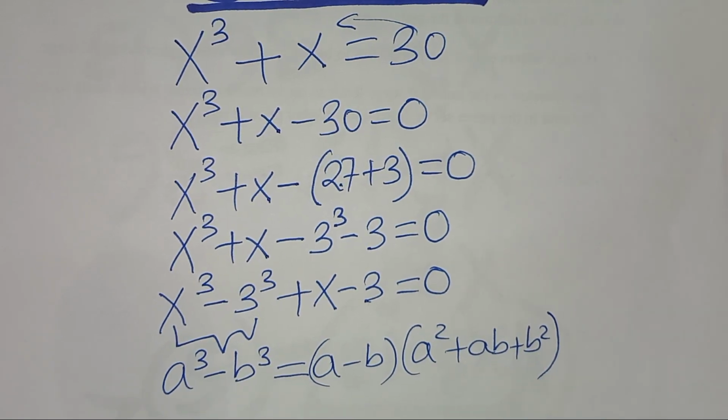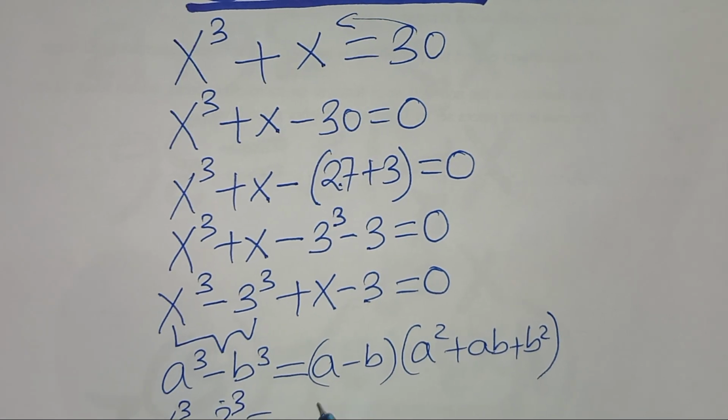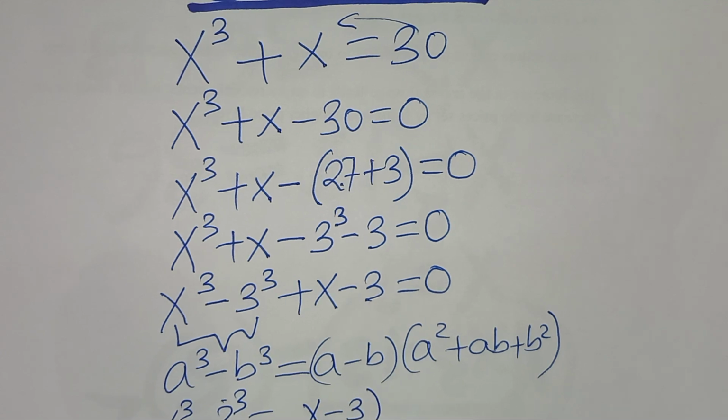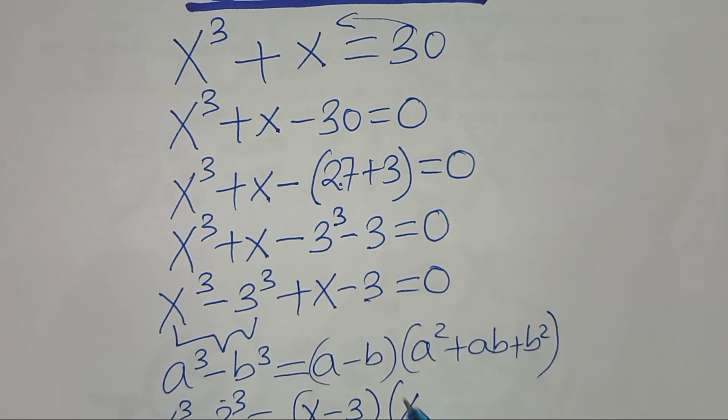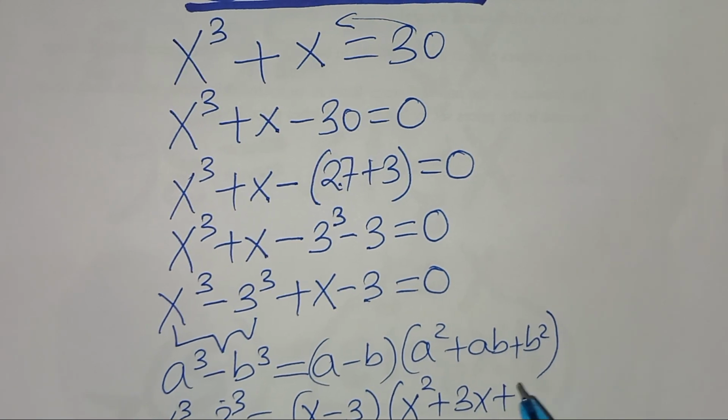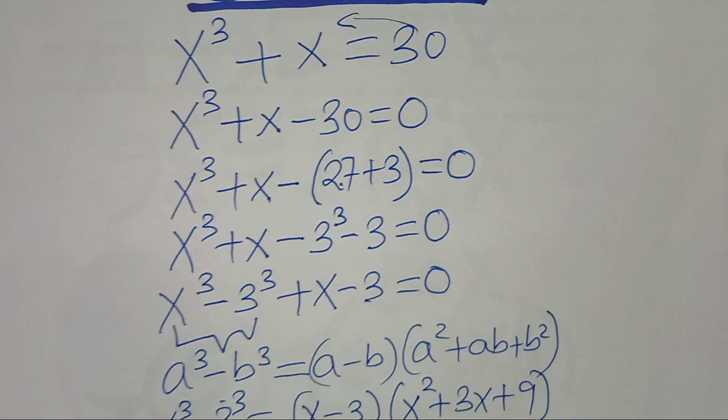So x cubed minus 3 cubed is the same thing as x minus 3, times x squared plus 3x plus 3 squared, which is equal to 9.